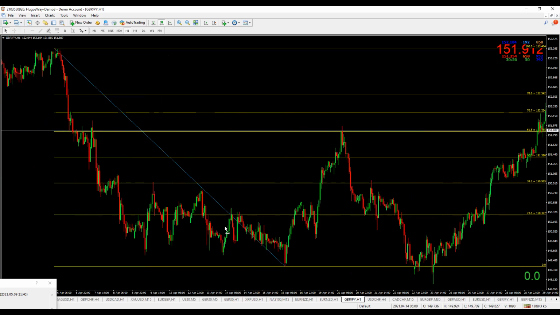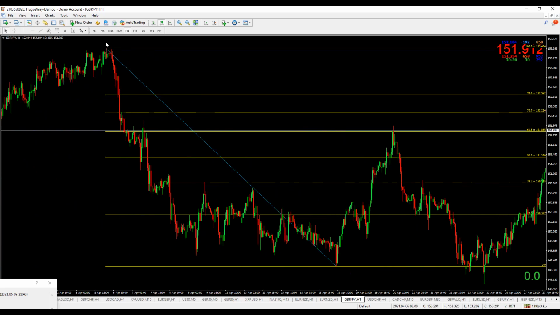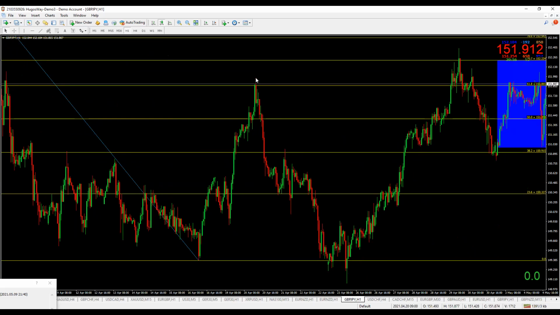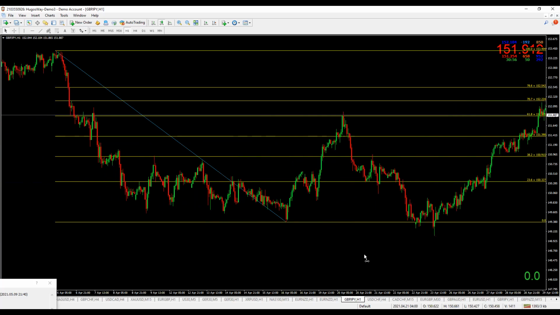Now, guess what happened? I suppose it's not surprising that the price was dropping here and then pulled back up. You would have expected it to go all the way down, like it did here, but continue further down. After all, that is why we use the Fibonacci.